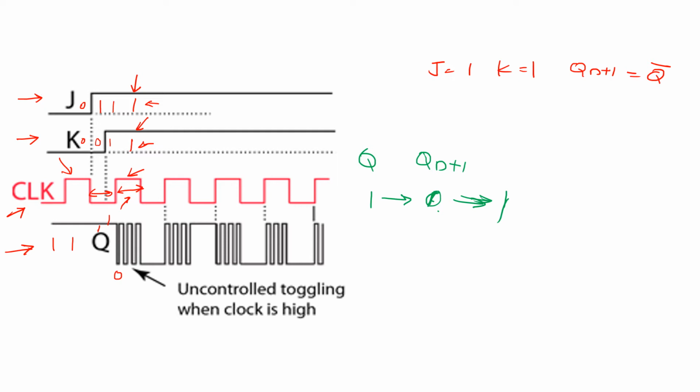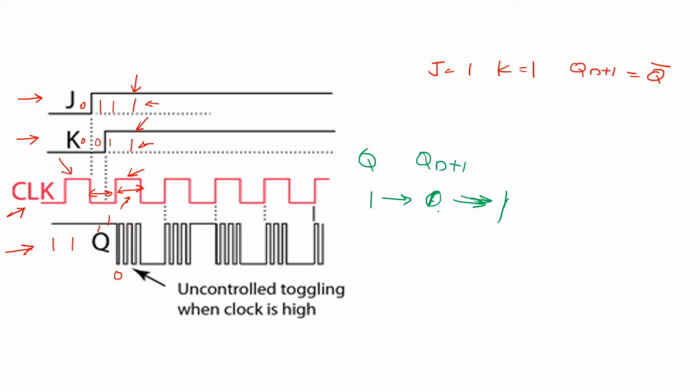Here, your clock signal width is greater than the propagation delay. Propagation delay means, when you give the input, the time required to change the output. So when your propagation delay is less than the clock signal width and your input is 1 1, your output goes on changing.